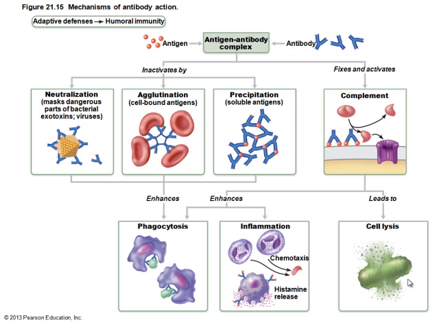When we look at the antigen-antibody complex, when an antigen comes in contact with an antibody, it can form something that's going to neutralize or mask some of the dangerous parts of the antigen it comes in contact with. So you see at the top of the diagram where it says neutralization, we see it sort of surrounds things and masks them. So they are neutralized and other cells can come and get rid of them.